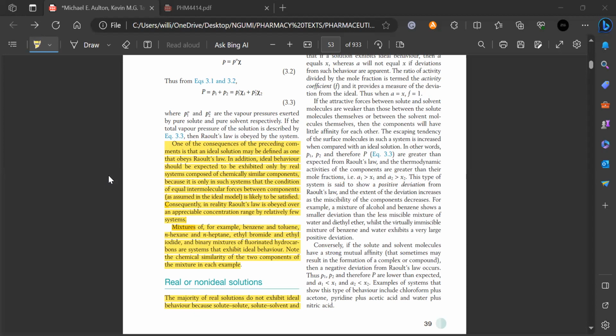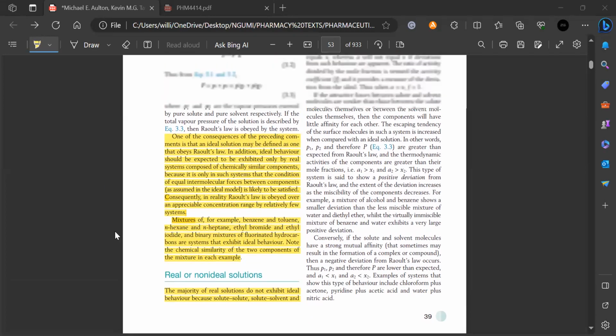But mixtures which exhibit ideal solution behavior include, for example, benzene and toluene, n-hexane and n-heptane, ethyl bromide and ethyl iodide, and binary mixtures of fluorinated hydrocarbons. So those specific systems will exhibit ideal behavior.